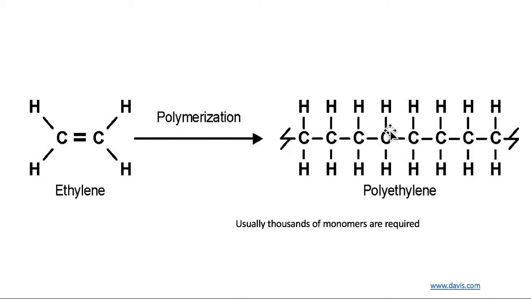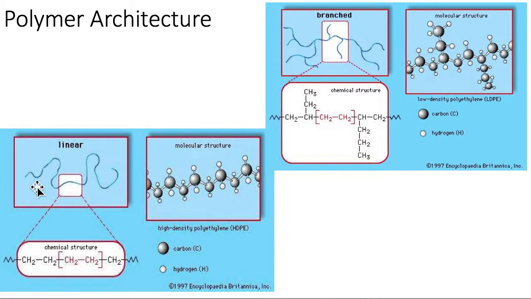The ethylene is the monomer, polyethylene is the polymer. So whenever you have polyethylene and the linear structure, this is a linear structure, it will be a high density polyethylene, and we refer to this as HDPE.